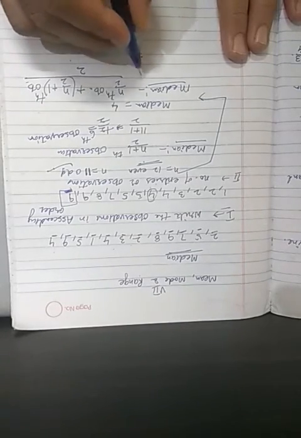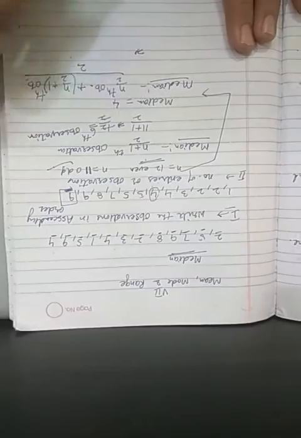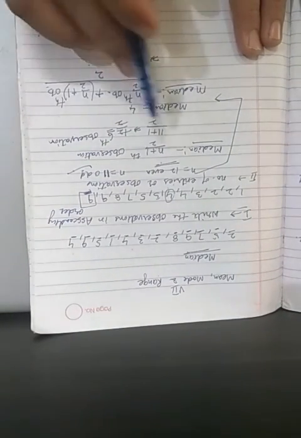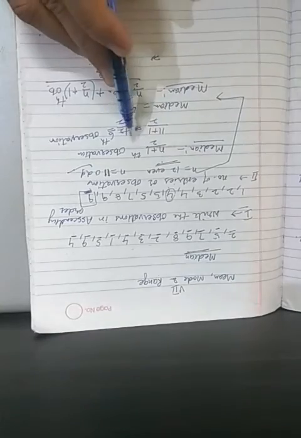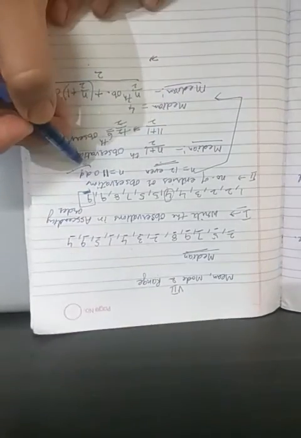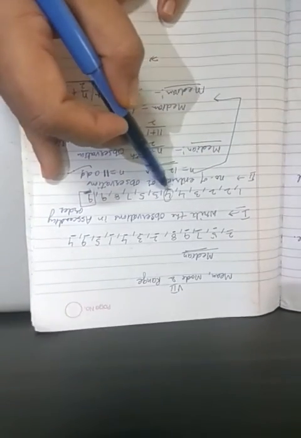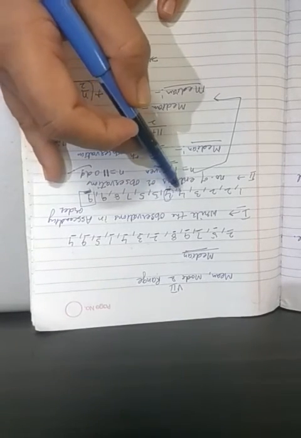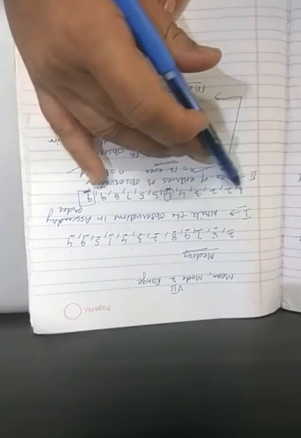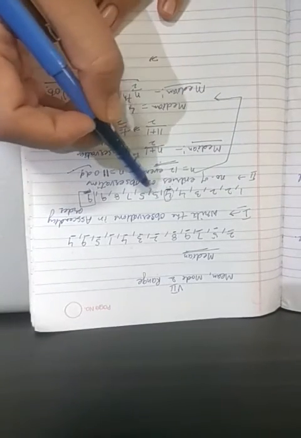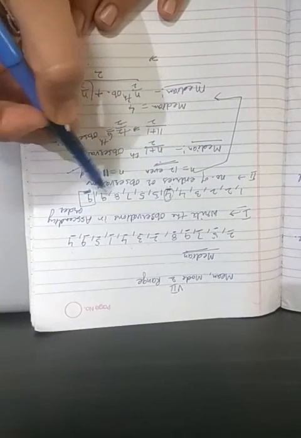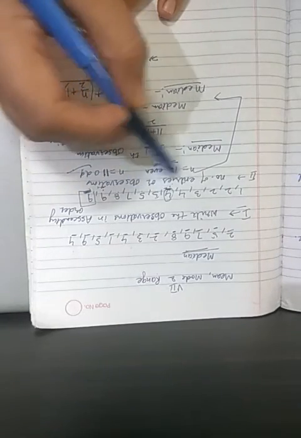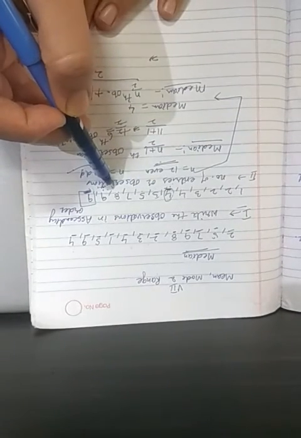So the median will be the arithmetic mean of the middle two terms. If n is 11, you can see before this 4 we have 5 observations, and after this 5 observations. So 4 is exactly in the middle of these observations.